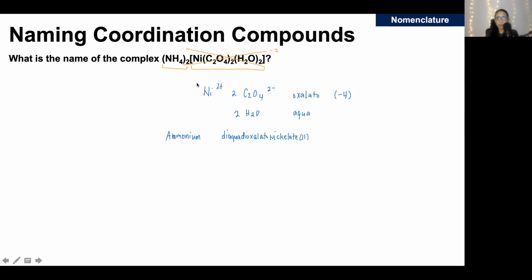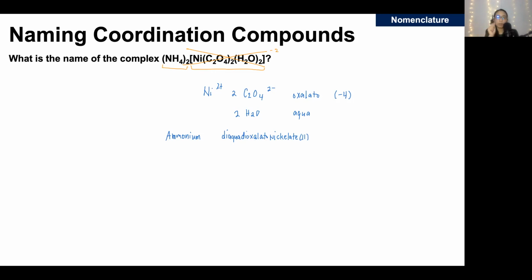But I have to confirm that rule because there are some references wherein they use the prefixes bis, tris, tetrakis, etc. for polydentate ligands.